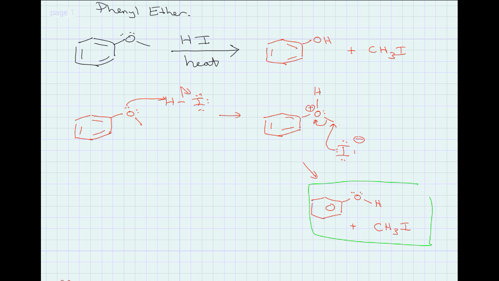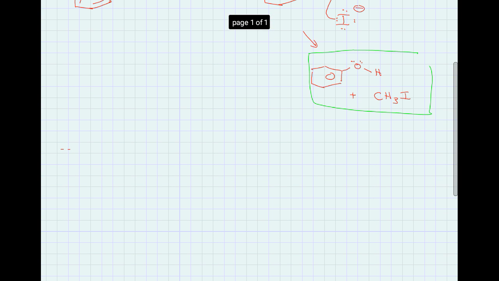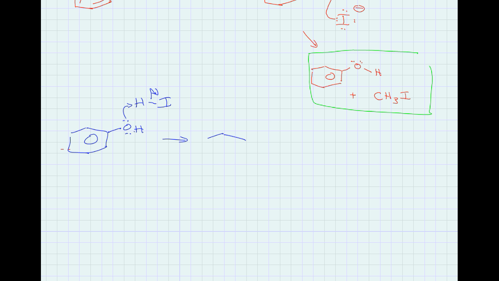But some of you might be asking yourself, well, why can't we take phenol? Why can't we just do this? And I'm just going to do this quickly. But why can't phenol, it's got two lone pairs on an oxygen, why can't it get protonated by hydroiodic acid to form this sort of species here?